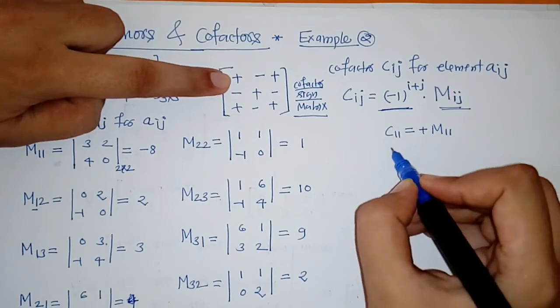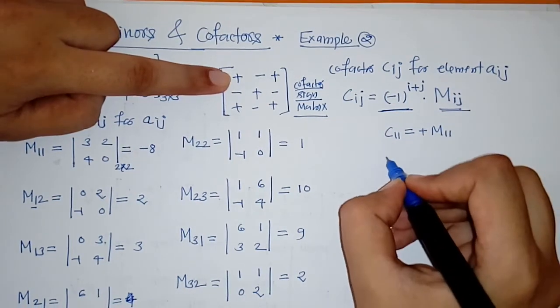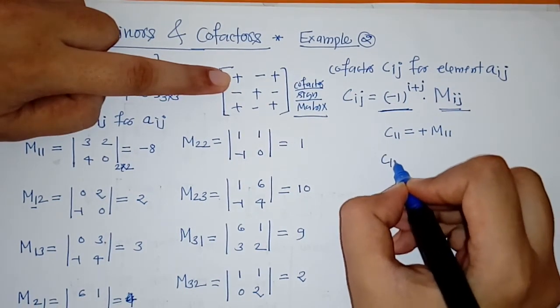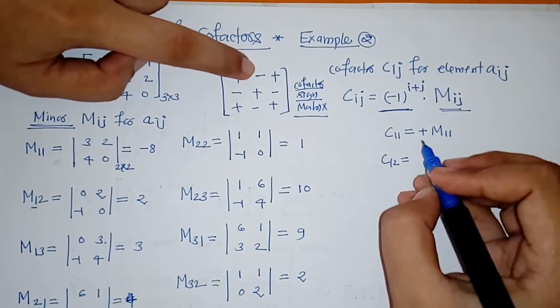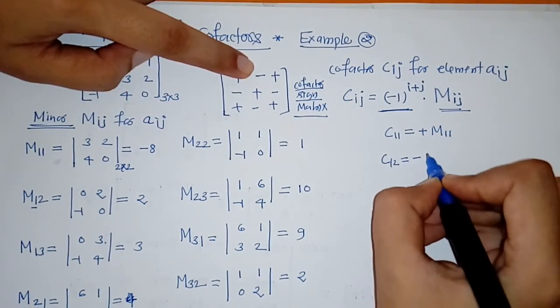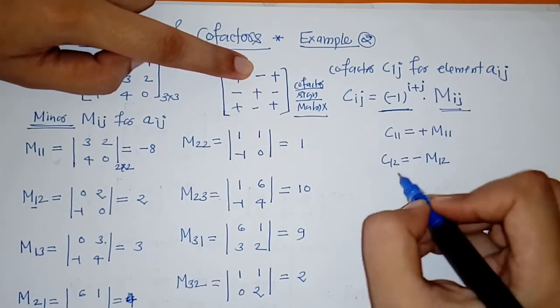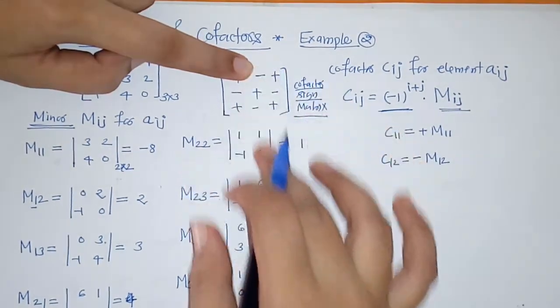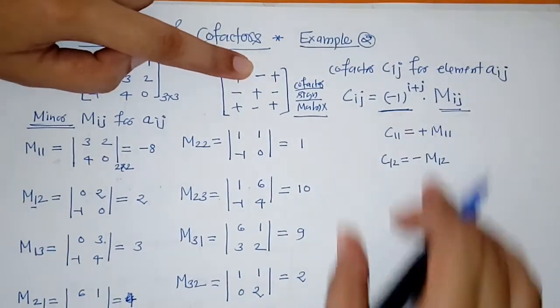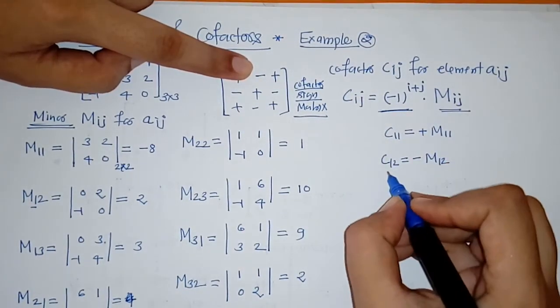That means when we have to find C11, we will use plus of the minor of A11, right? Next, C12. C12 will be negative of the minor of A12, right? So all these minors we can find in this way.